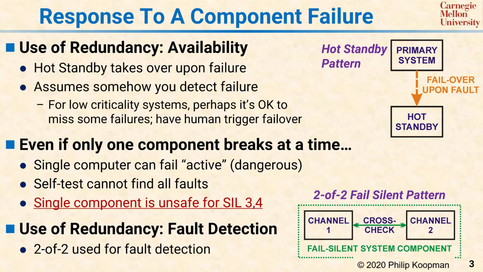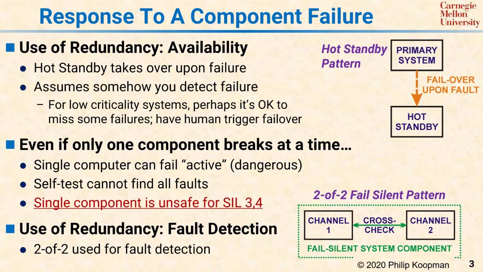The two channels cooperate for producing system outputs. If either channel suffers a fault, the cross-check will detect a mismatch between the internal state or the outputs, and the channels will mutually do a safety shutdown. The net effect is that a component fails silent, meaning that it is either working 100% properly or it does a clean shutdown, but never actually does anything wrong.